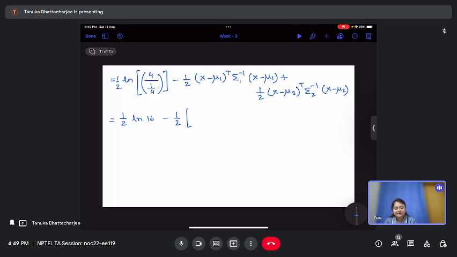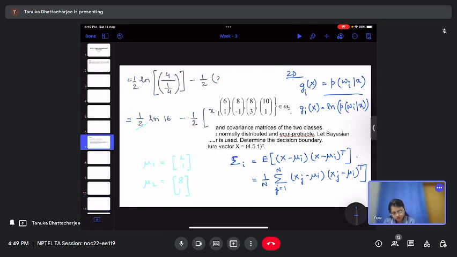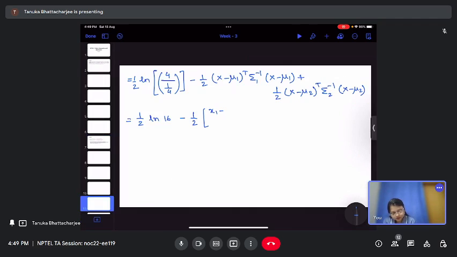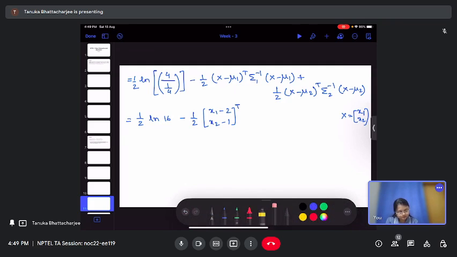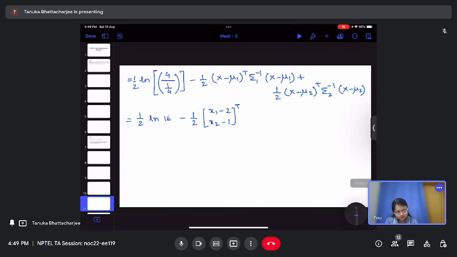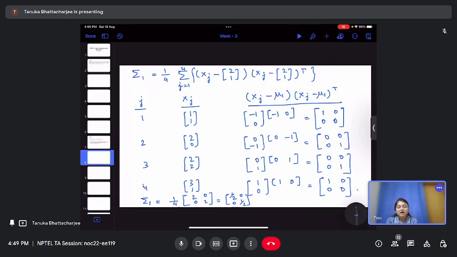So let me take the two elements of x as x1 and x2. So this will become x1 minus, so mu1 was 2 1, mu2 was 8 1. So x1 minus 2, x2 minus 1. So I am just assuming x equal to x1 x2 like this. So this transpose, sigma 1 inverse, sigma 1 was half 0 0 half, so its inverse will be 2 0 0 2.